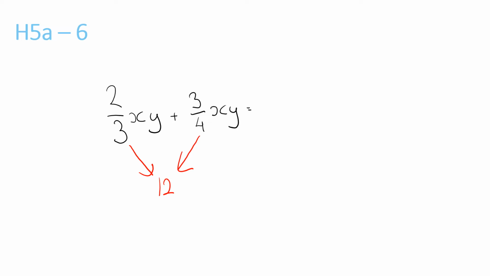That's the only one possible. 3 times what is 12? 3 times 4 is 12. So you times the top one by 4, and the bottom one times 4. So 2 times 4 is 8. 3 times 4 is 12. Then you just put the x and y at the end.